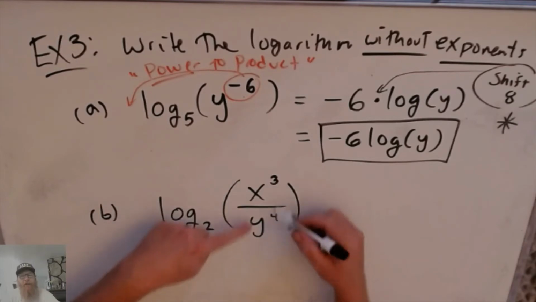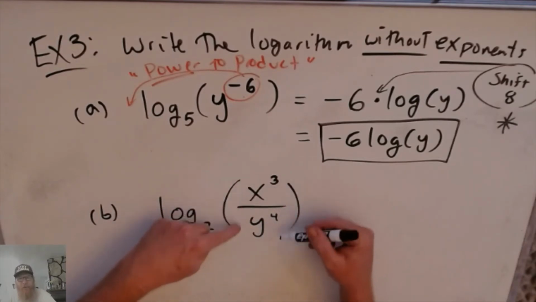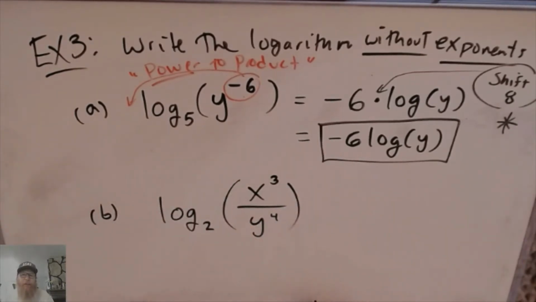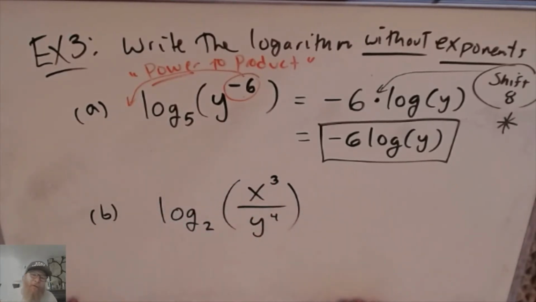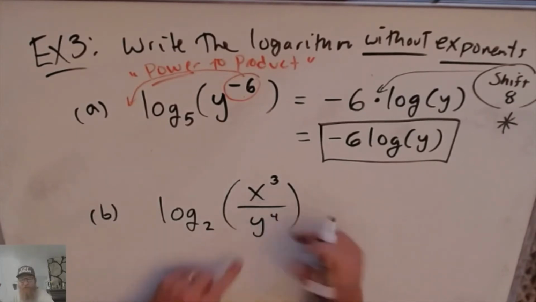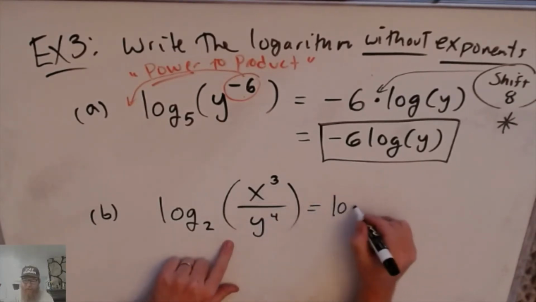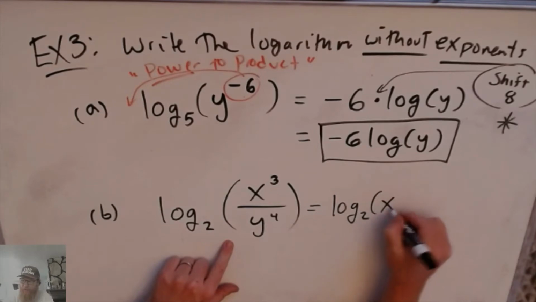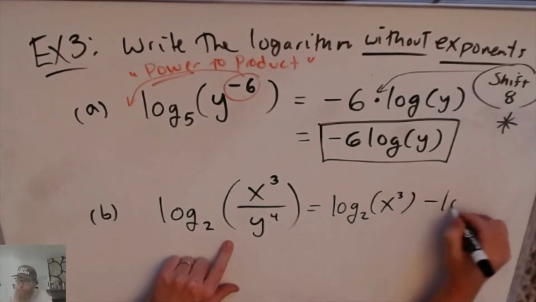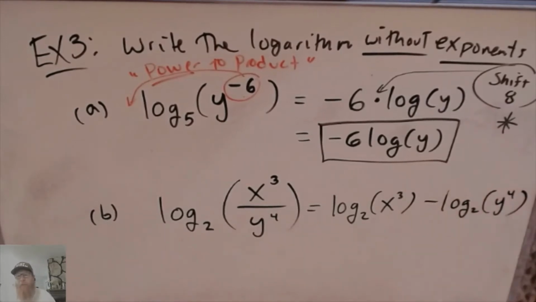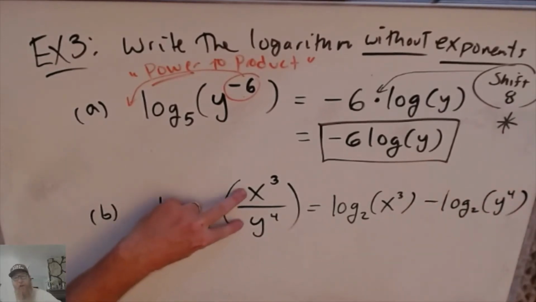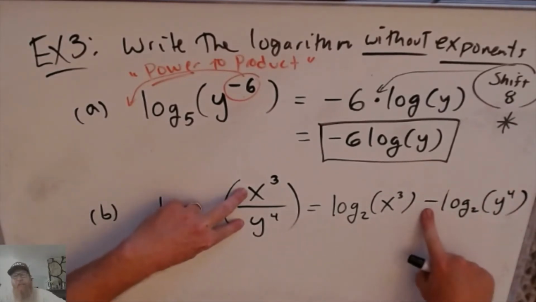So moving on to this one, we have 2 exponents in 2 different positions. You can't bring them both down at the same time. All right, one at a time, please. So the first thing we're going to do is just rewrite this as a quotient. We might use combinations of properties here. So first we go from quotient to difference.